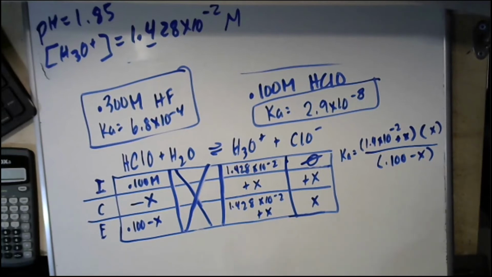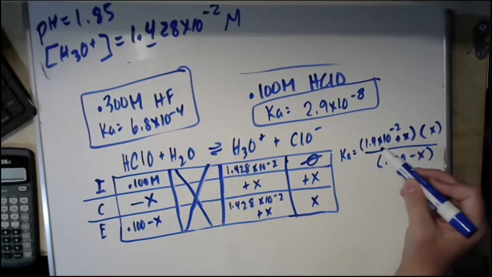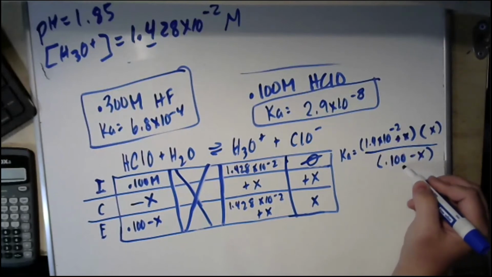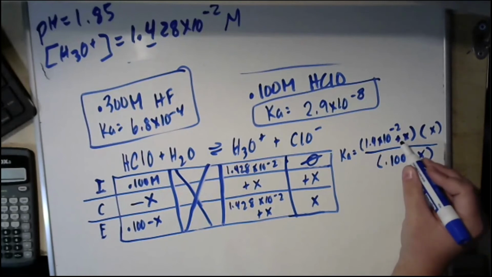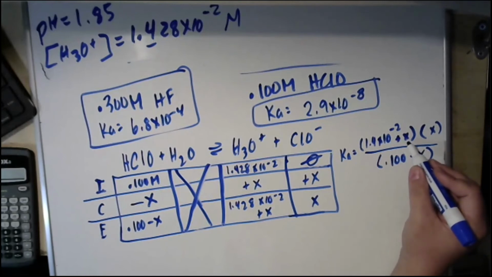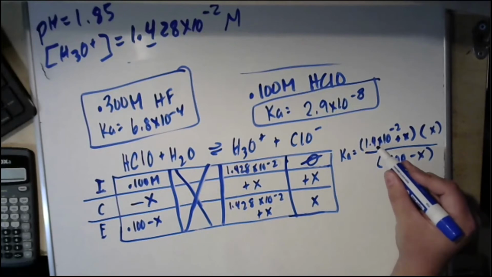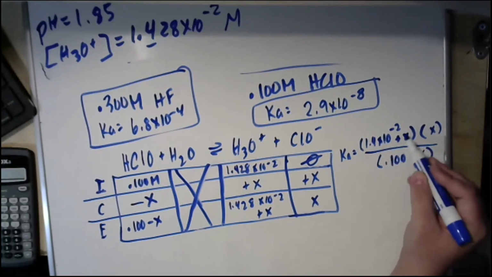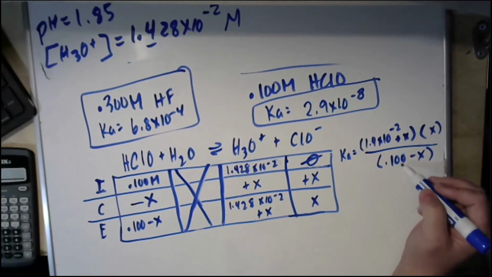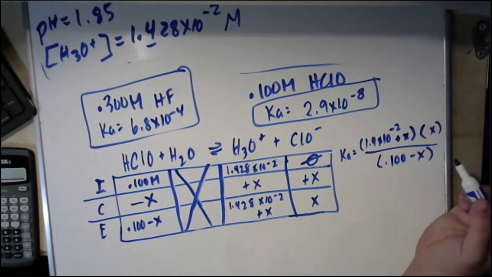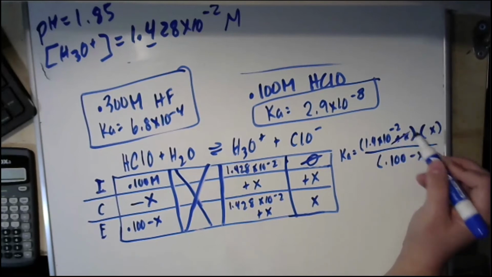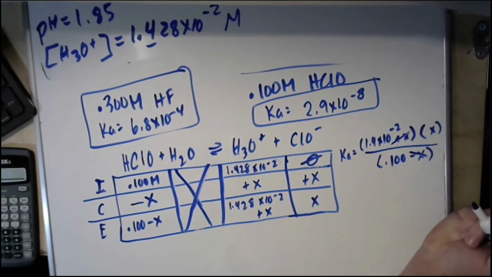And we are again going to make that assumption that this X value that we're adding on to 1.4 times 10 to the negative 2 and that we're subtracting from 0.1 is going to be so small in comparison to the numbers that we're adding it to or subtracting it from that we can not count it in our calculation. So the plus X and the minus X, we're going to get rid of.